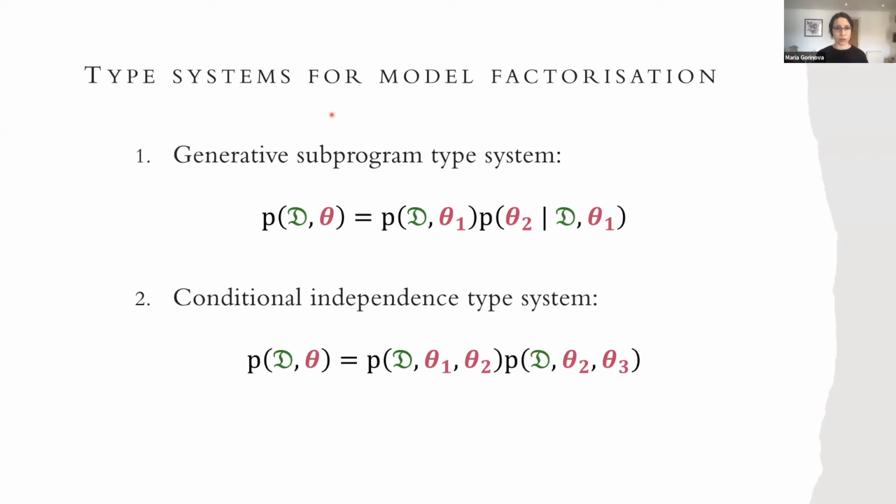So it gives us this factorization of P of D, theta 1 times P of theta 2 given D and theta 1.